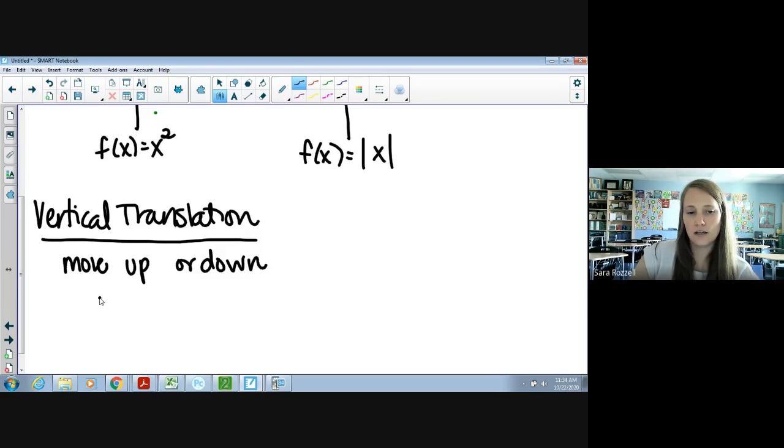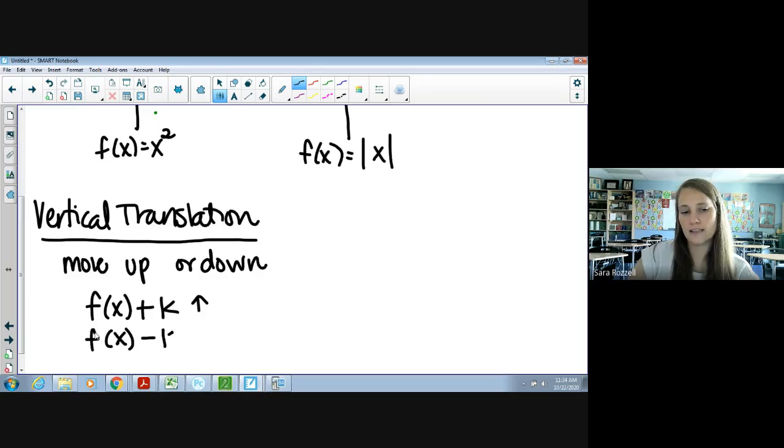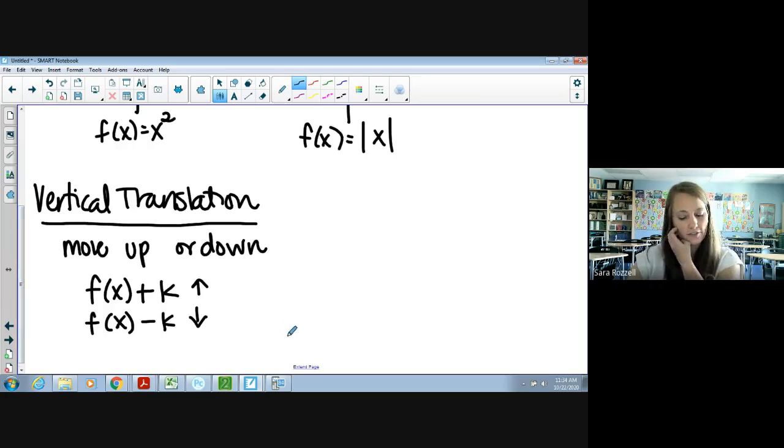So technically, you would say f of x plus k to move something up, or f of x minus k to move something down. But this number is not inside any parentheses or inside any operation. It's just added at the very end. So if you just add it at the very end, that's an up or downward shift. Okay. So we'll look at two examples of what this would look like in an actual function.